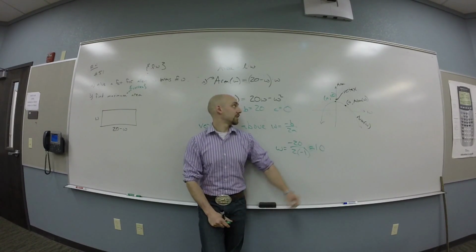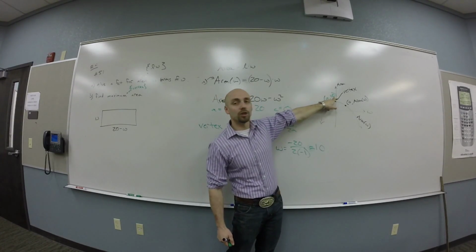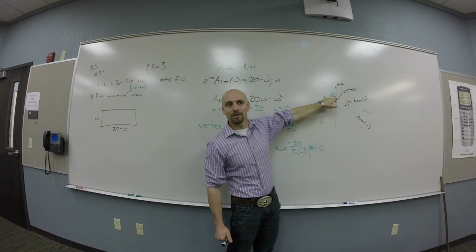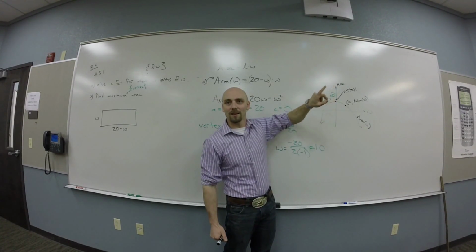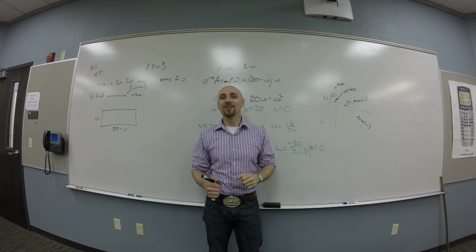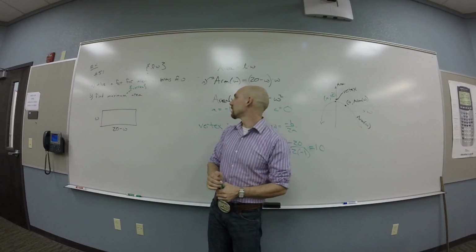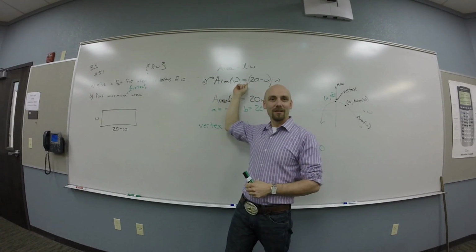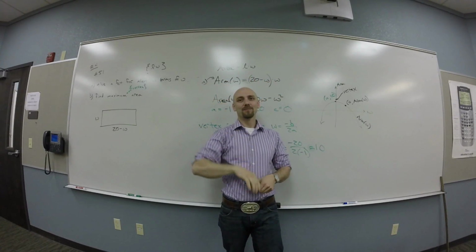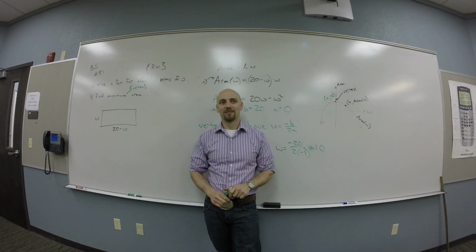So this 10 is an input for the area function, and this 100 is an output for the area function. If you ask what input gives you the output 100, you'll get 10. You know that because you put 10 in and you got 100 out. You guys see that?